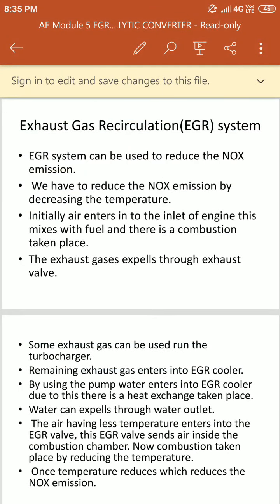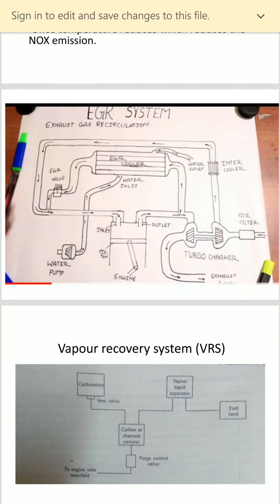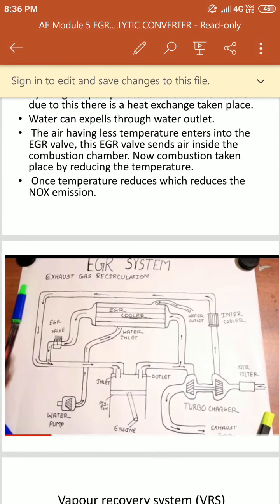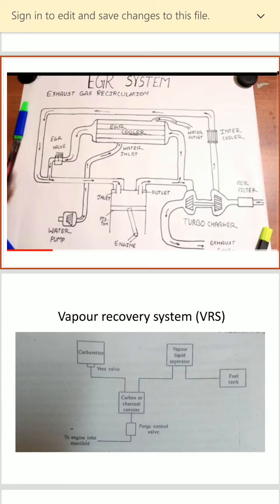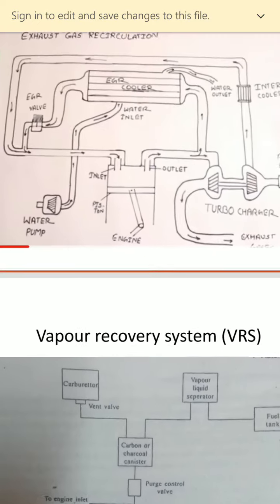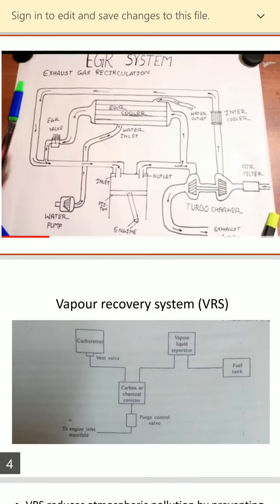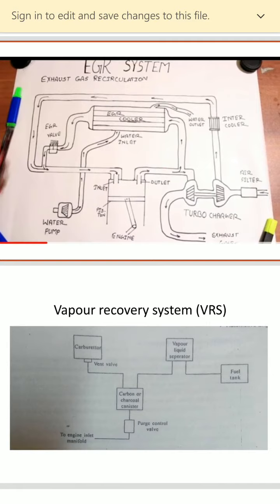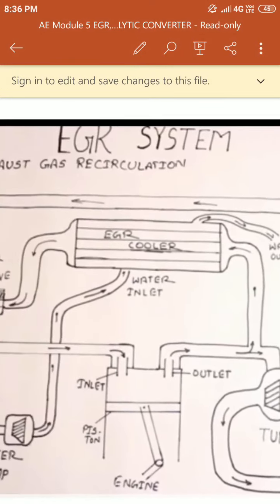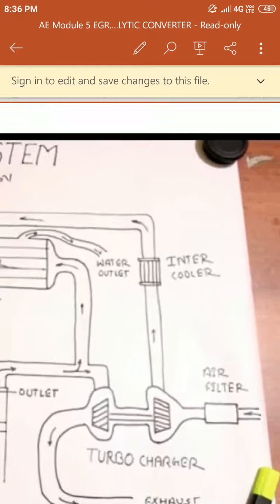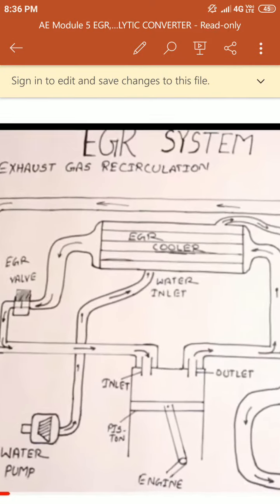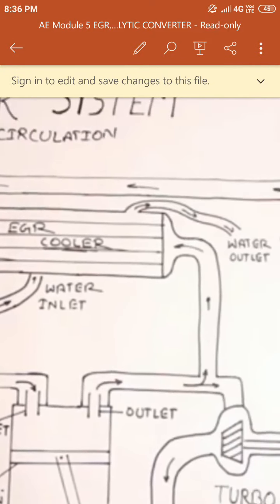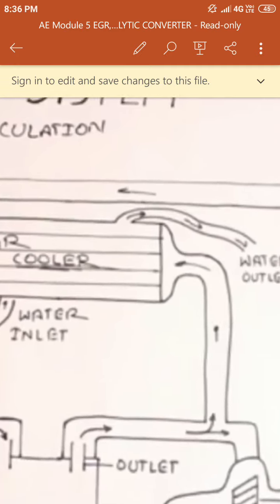This can be explained by considering the diagram. First, for the EGR system, we have to write the construction. What does it consist of? It consists of the engine inlet. One end of the engine inlet is connected to the intercooler. The other end, the engine outlet, is connected to the EGR cooler.